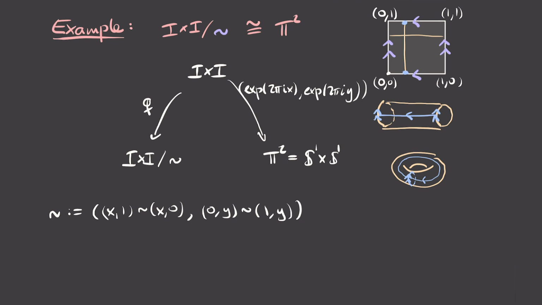So with fixed x coordinate, we're only identifying these 2 points in the second coordinate, and similarly with fixed y coordinate, we're only identifying these 2 points.